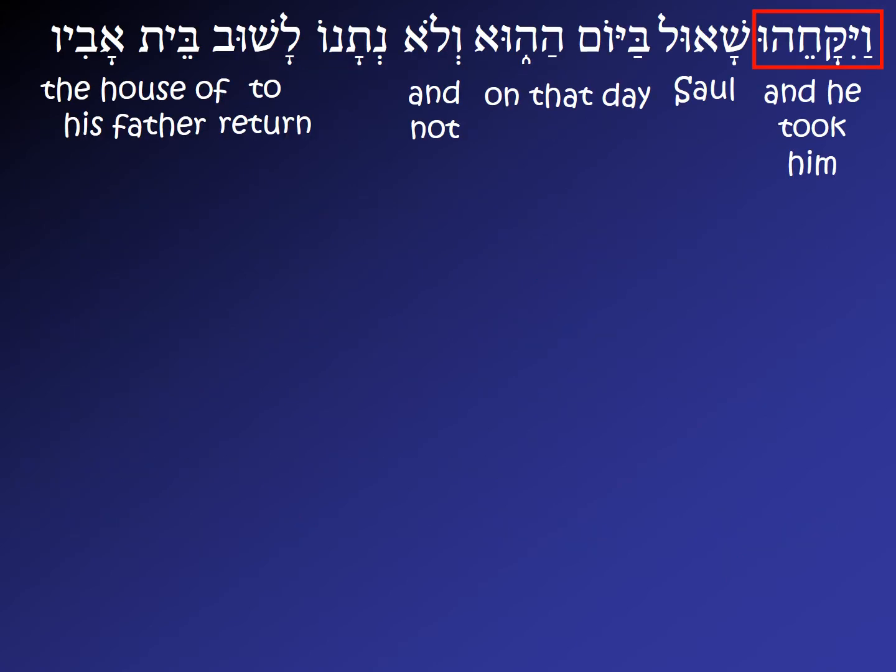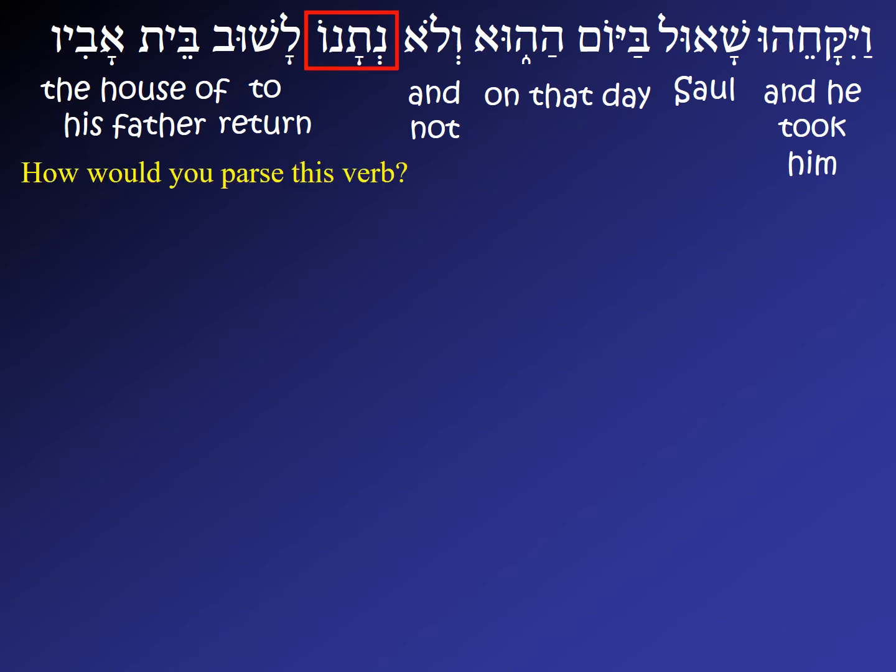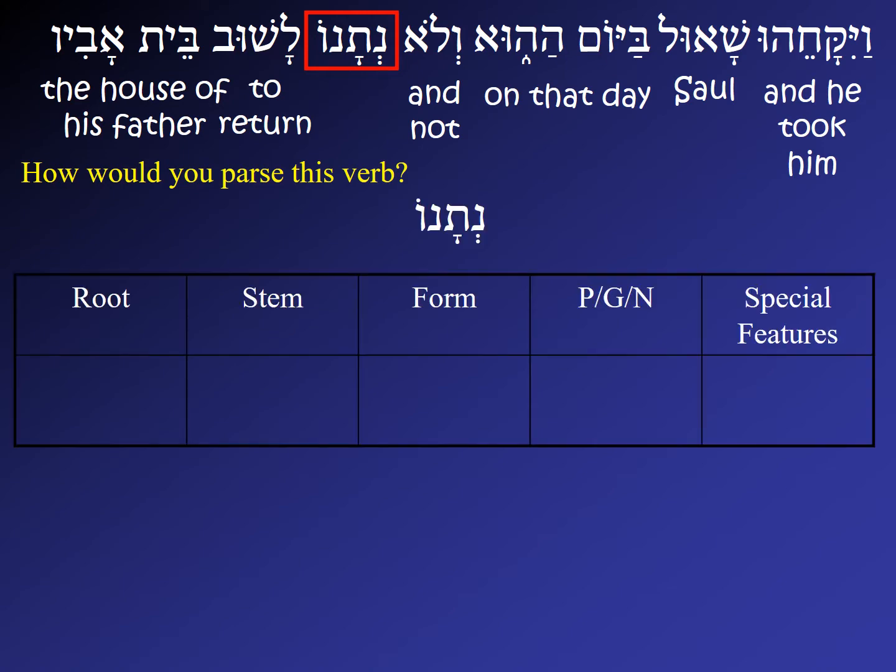Alright, so vayikachehu, and he took him. Now our other verb, natano, we can now parse. Natano. Let's start with special features again. You'll notice that we have a holam vav on the end, o. This is not to be confused with the shureq, u, which is a verb affix. This is o, which is an object suffix.